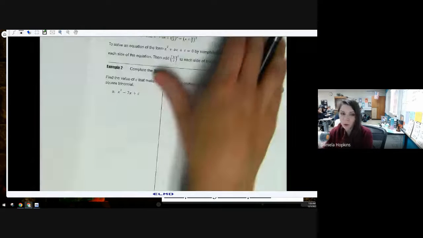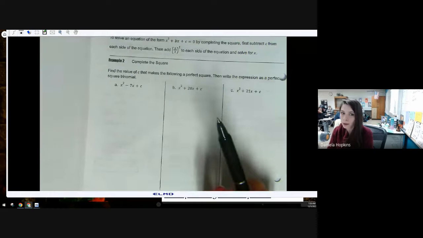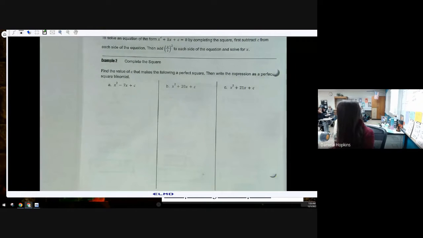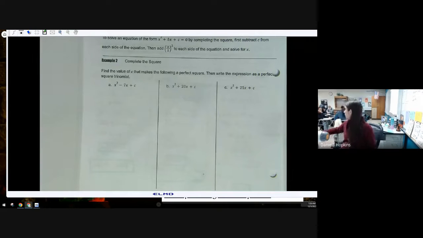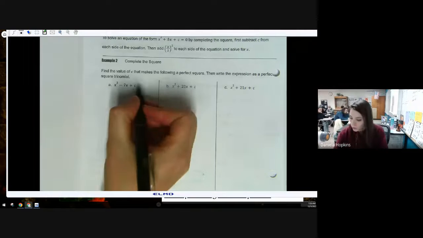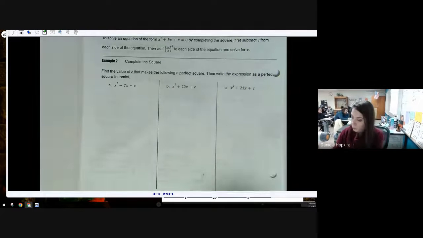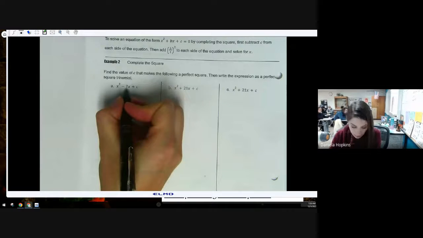So what example 2 wants us to do, we're just going to complete the square, meaning we're going to make a perfect square trinomial. We're not actually solving for x here. So there's no equal sign here at all. So what this wants us to do is take 1/2 of our b value.